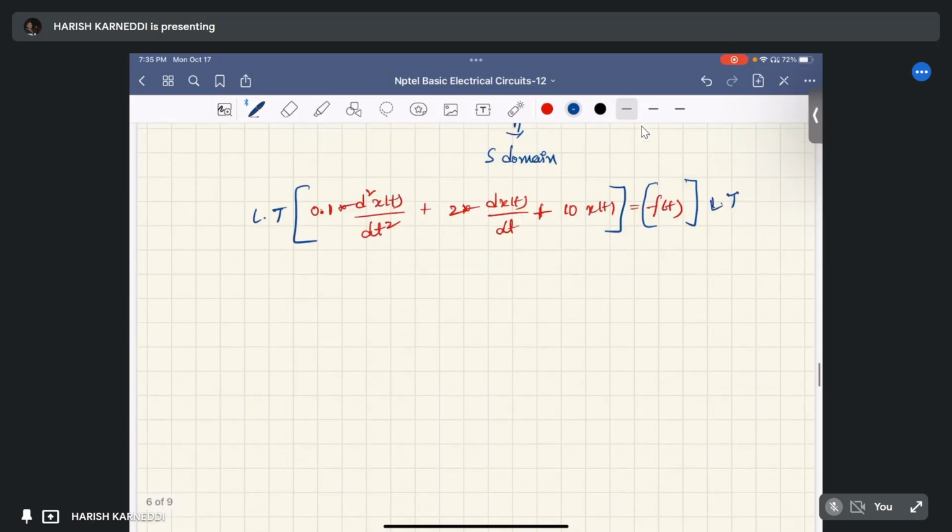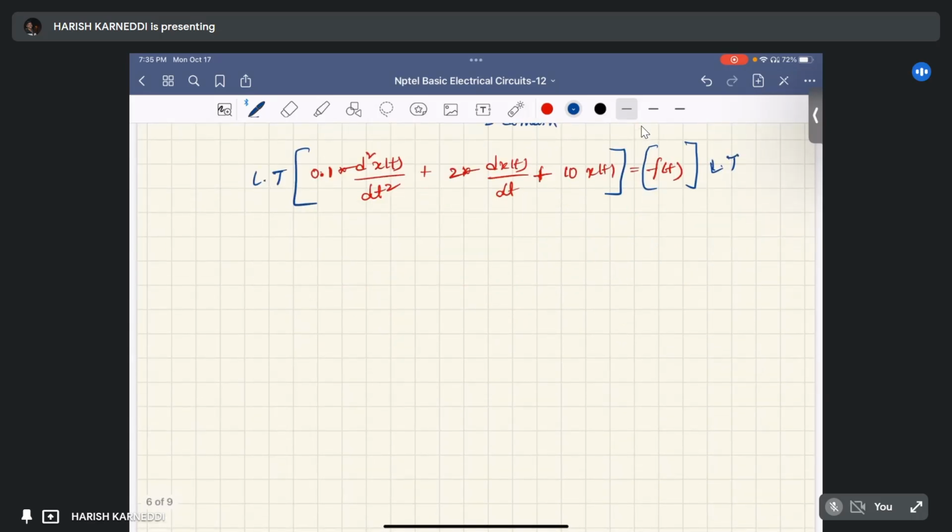Initially it is a constant, it is 0.1. What is the Laplace transformation of d²x(t)/dt²? It is a second order differentiation, so the Laplace transformation of second order differentiation is s², and the Laplace transformation of x(t) is X(s).